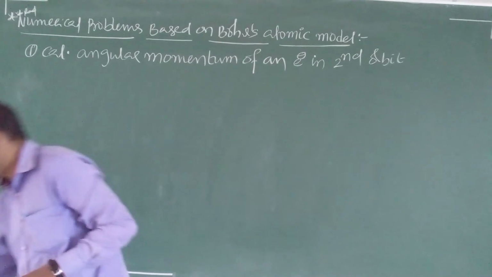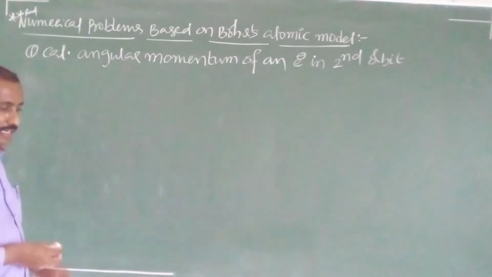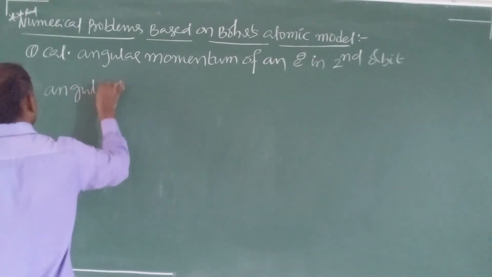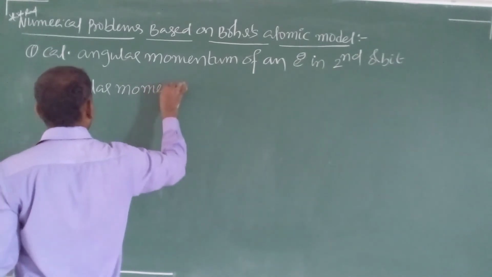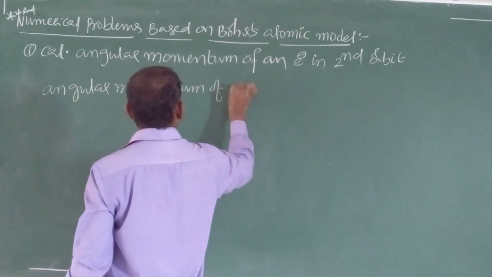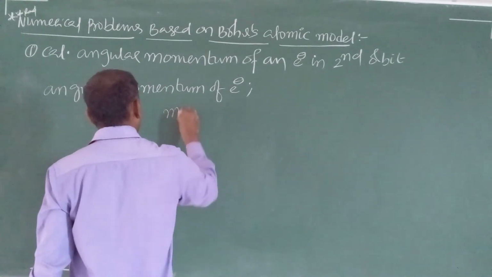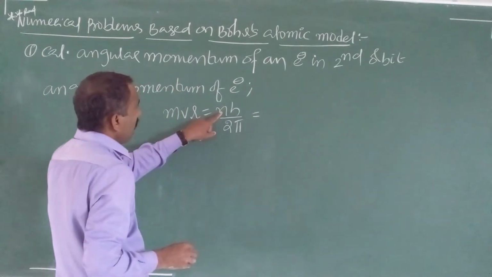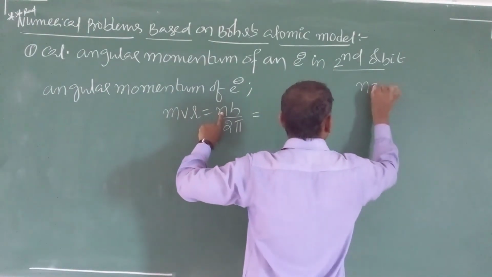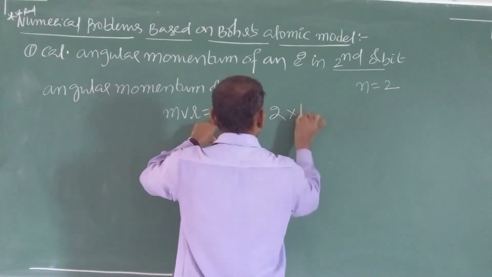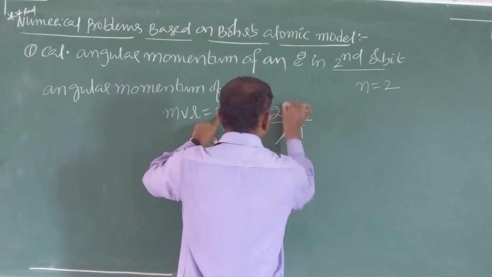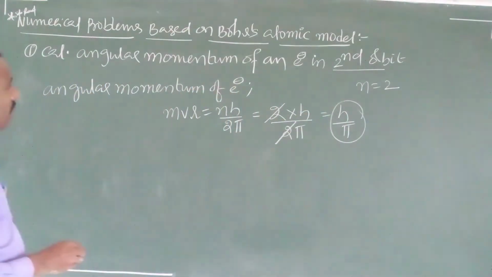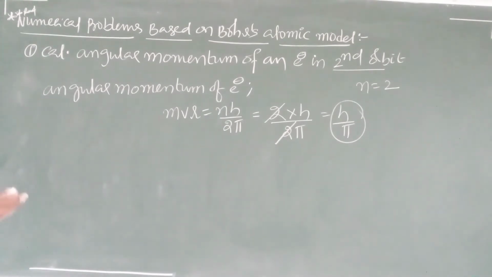According to one of the postulates of Bohr's theory, angular momentum of electron formula: mvr equal to nh by 2 pi. N value? Second orbit, n value 2, into h by 2 pi. 2 gets cancelled. Therefore answer is h by pi. Angular momentum of an electron in second orbit is h by pi. Third orbit is n value 3.